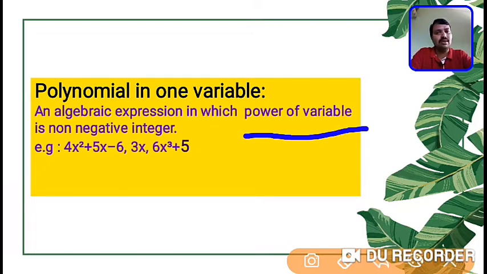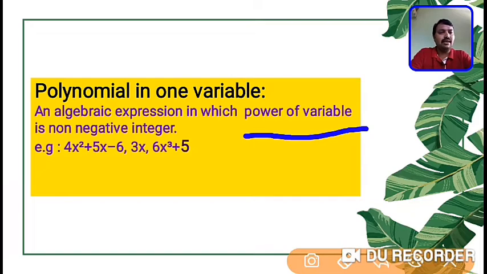Okay, we have the examples: 4x square plus 5x minus 6, 3x, 6x cube plus 5. You can see in all these three examples the power of variable, because we are talking about polynomial in one variable, so variable will be one only and the power of variable is non-negative integers.